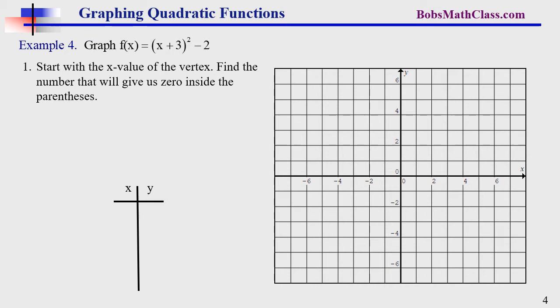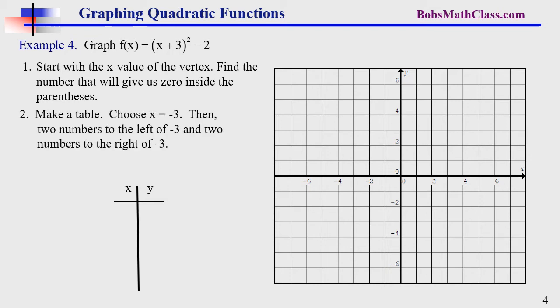Okay, so start with the x value. That's going to be negative 3. And then we're going to choose 2 numbers to the left and 2 numbers to the right. So think about negative 3 on the number line on x. What's to the left of negative 3? Negative 4, negative 5. What's to the right of negative 3? Negative 2 and negative 1.